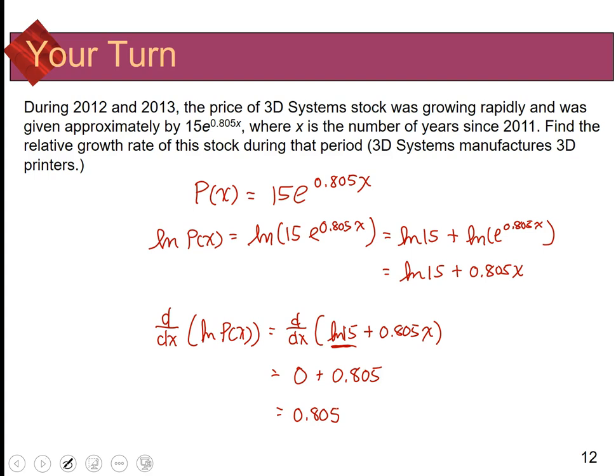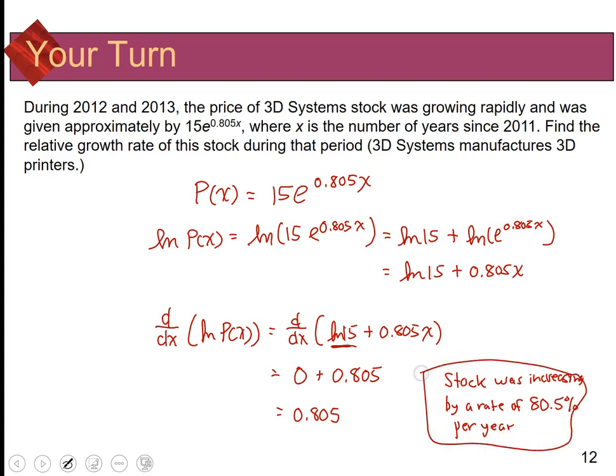So I would say that in this case, the stock was increasing by a rate of 80.5% per year. So that's the first question.